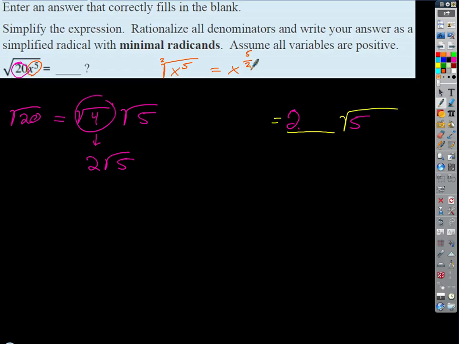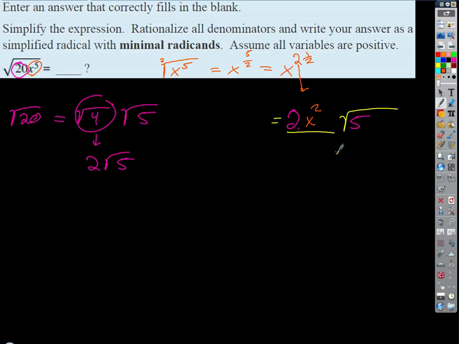Remember this trick. All you got to do, if I want to simplify that radical then, is turn that fraction into a mixed number. Tyler, what is 5 halves as a mixed number? 2 goes into 5 how many times evenly? Oh, there you go, good. 2 and 1/2, perfect. So then the 2 goes outside, right?